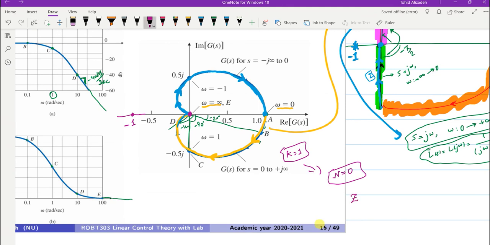And then we can determine Z. Z will be equal to P plus N, which is 0 plus 0, and it's equal to 0. So Z equal to 0 means that there are no unstable closed loop poles.